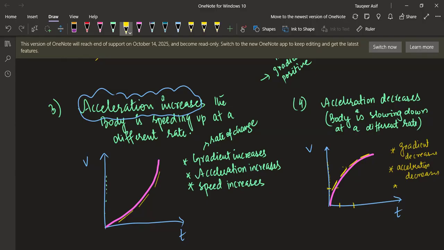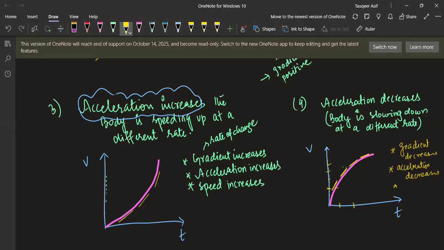So is it going to have greater speed or lesser speed? Should I say speed increases or decreases? See, every time the magnitude of the speed is increasing, but at every second, the rate of change is not constant.